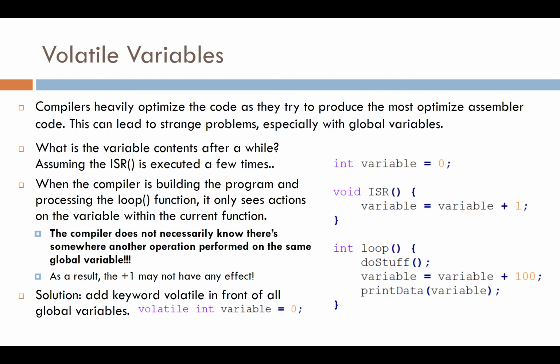So the solution is to define that variable as volatile. If you have any global variable inside of an interrupt service routine, always use volatile type variables. And then it was the exercise time.